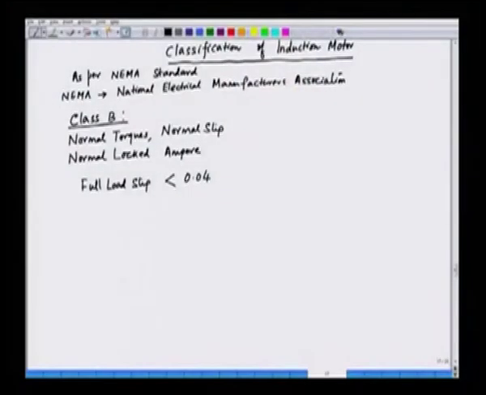Now, if we draw the torque speed characteristic of this motor, it is a normal torque speed characteristic and has very general application. So, let us see the torque speed characteristic of class B motor. We have the torque speed characteristic like this. This is the torque, and we have the speed in the y axis.